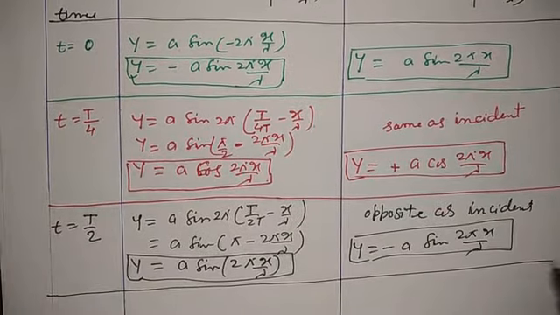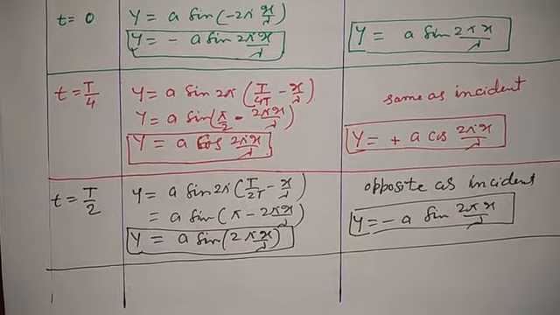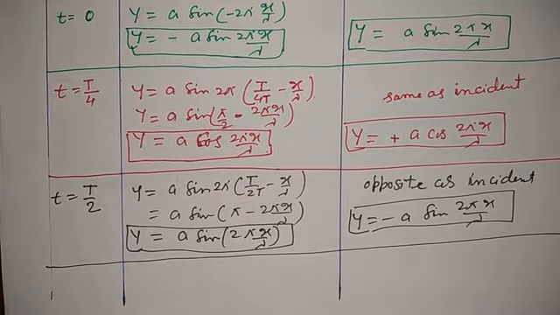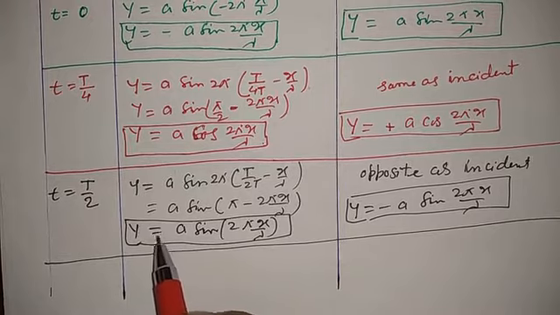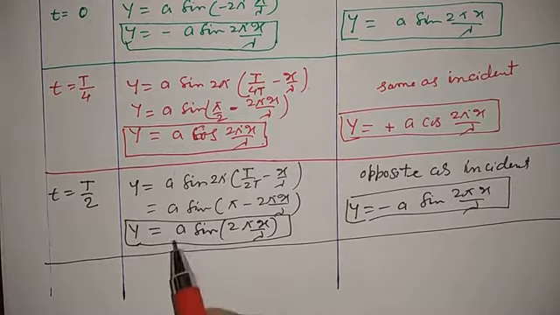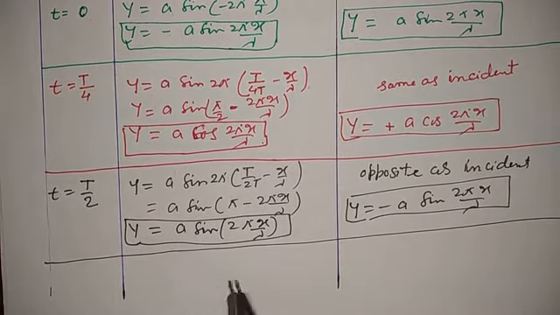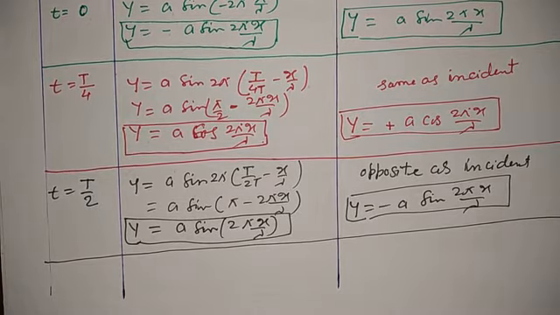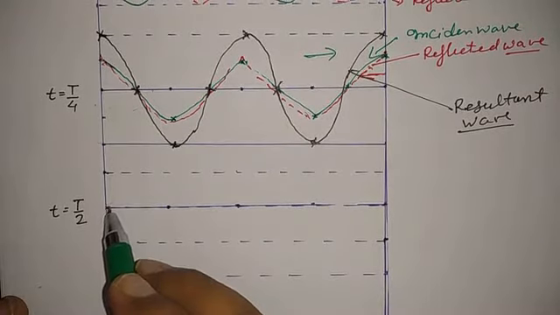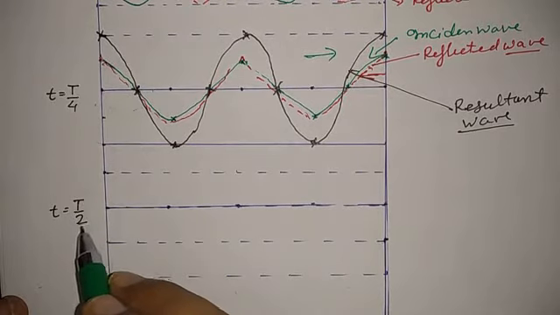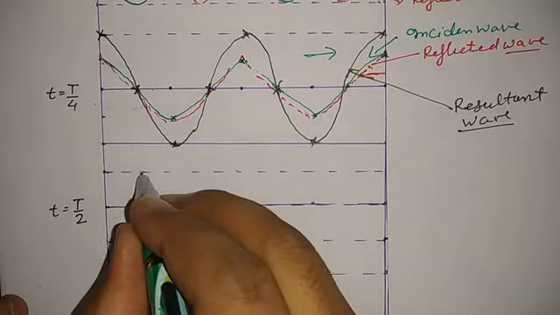So let us draw the graph, the position of the graph here. Now see here in it, it is positive. So its displacement is upward. So see very carefully. See the sine wave here at t is equal to capital T by 4 in positive direction.